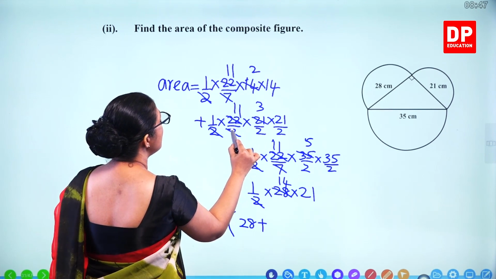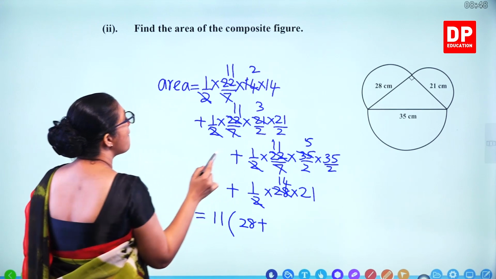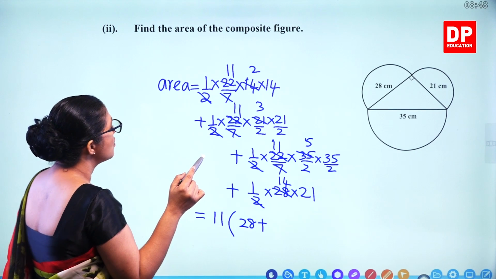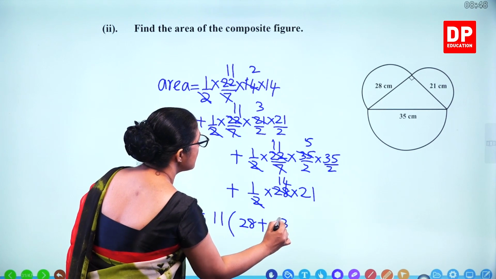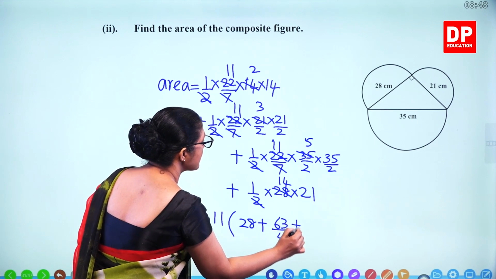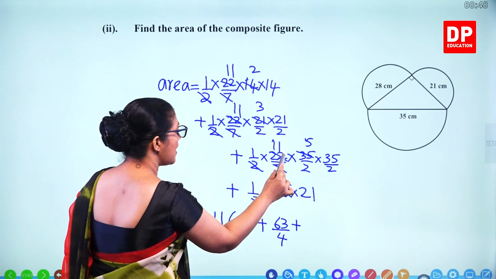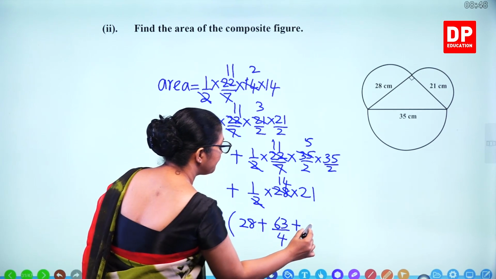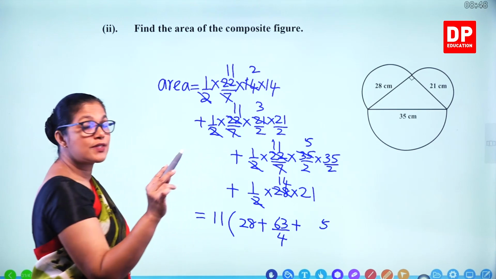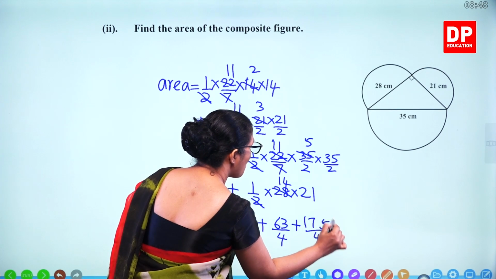Then here we took 11 out. So you get 3 times 21, that's 63 divided by 4. Plus here 11 is there, 5 times 35. 5 times 5, 25, 5 times 3, 15, plus 2, 17 divided by 4.